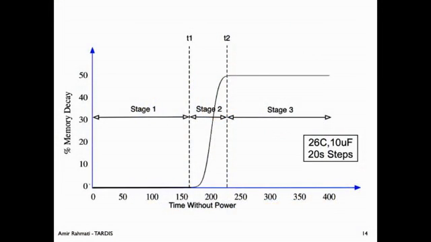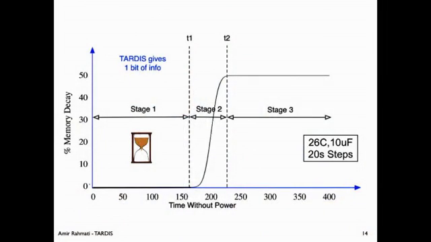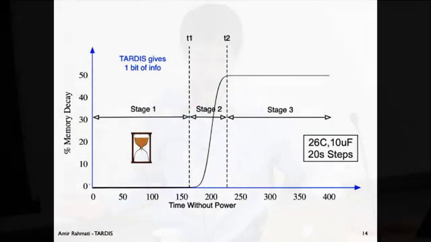So to give you a feeling of just what kinds of time can you measure using just SRAM decay, here's a rough chart. I'll show you some more detailed data points in a moment. But what you'll find is there are basically 3 phases of time. I like to think of the TARDIS as an hourglass. So in stage 1, you've just lost power, and so all the bits are intact. And if you were to power back up very quickly, you would expect to see all the bits there. But there's a magic threshold for this particular case and this particular temperature and this particular capacitor.